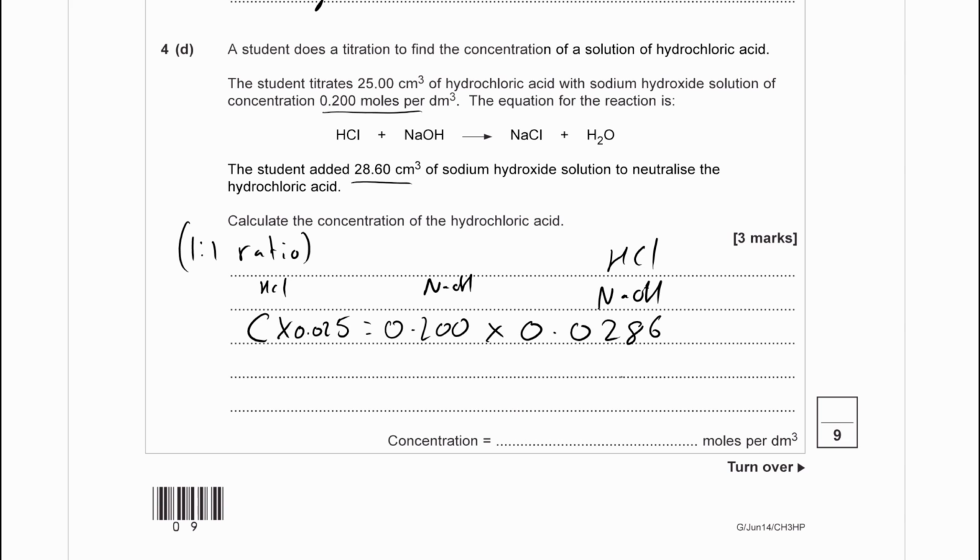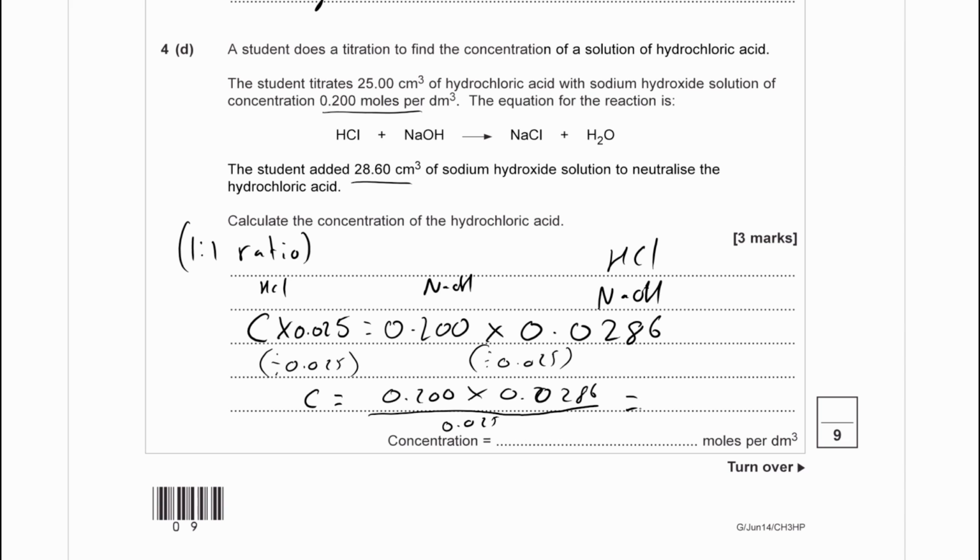Alright, now this doesn't look too nice, but for us to get concentration on its own, all we need to do is divide by 0.025. So I'm going to divide both sides by that, and do the same to this side. Alright, so I'm going to get concentration is equal to what we had on the right hand side, all divided by 0.025.